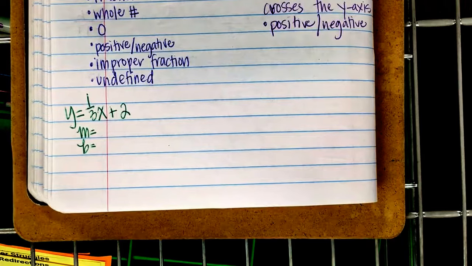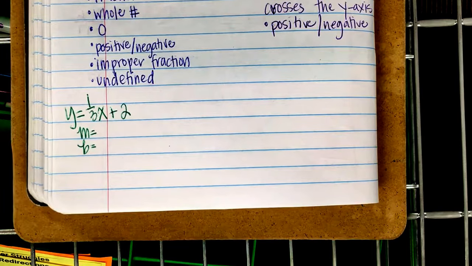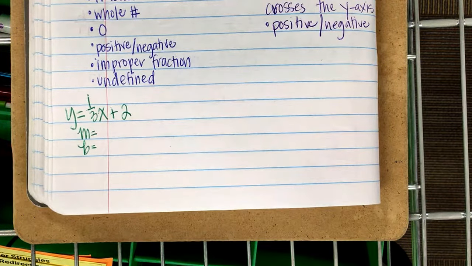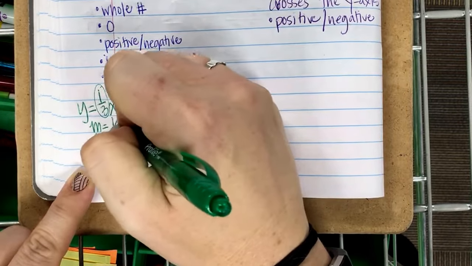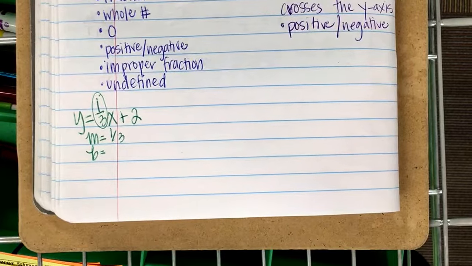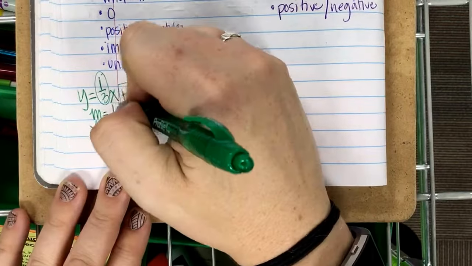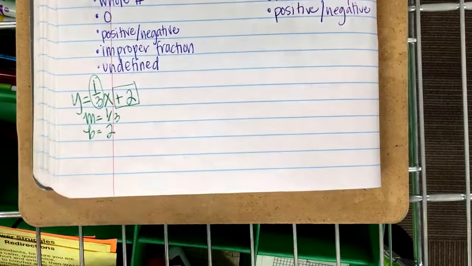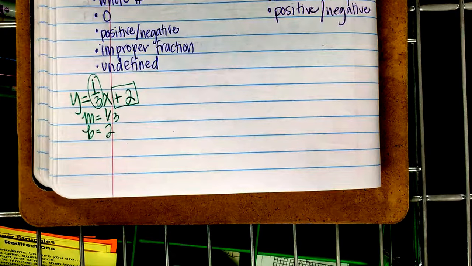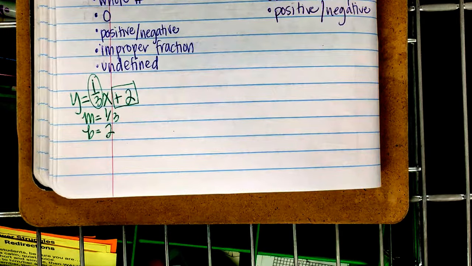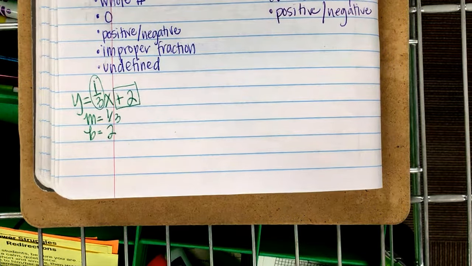Y equals 1/3 x plus 2. What's my slope? 1/3. And what's my intercept? Plus 2. This is the identification process. Okay? Let's do another one.